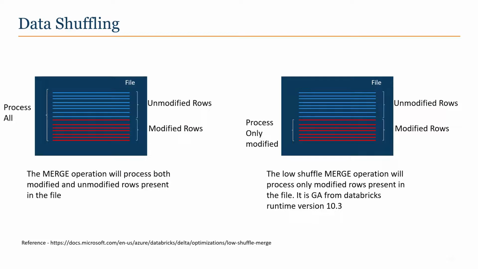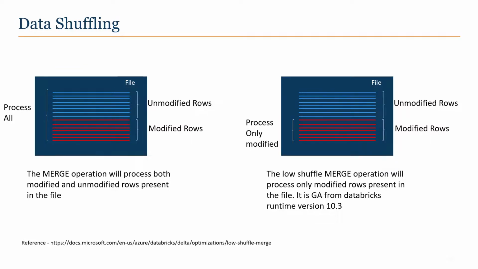Whereas low shuffle merge, which is available by default at runtime 10.3 and above, will process only the modified rows. It will not process the unmodified rows. In that way, it has less overhead.